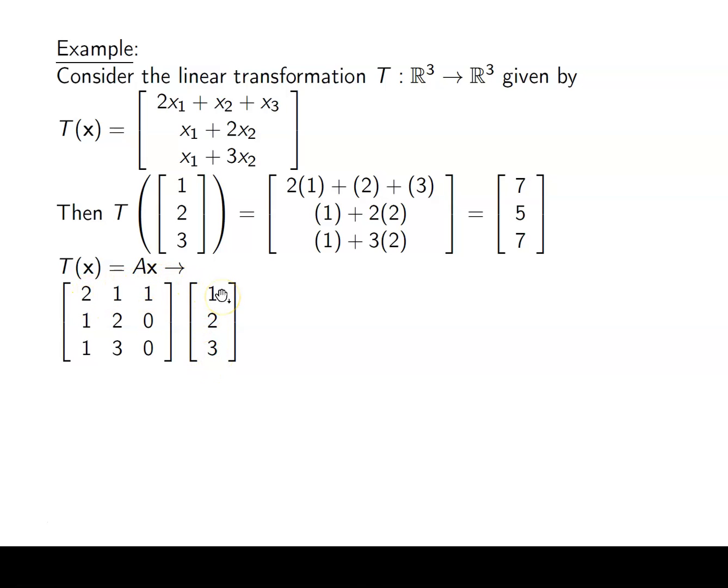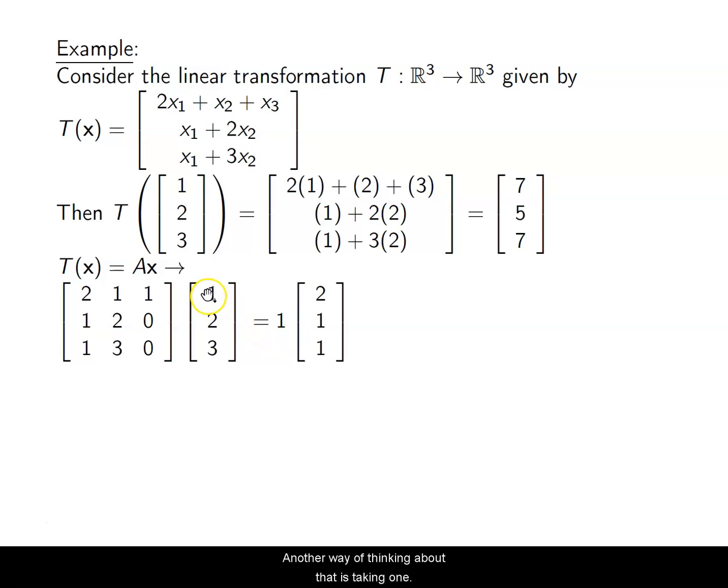So 2 times 1 plus 1 times 2 plus 1 times 3, which is exactly what I had here. Same thing here: 1 times 1 plus 2 times 2 plus 0 times 3, which is exactly what I had here, right? 1 times 1 plus 3 times 2 plus 0 times 3. So term by term, first term times first term, second term times second term, last term times last term, and I'm adding those products together, right? And it's exactly like if I were to just take my elements and plug them into my transformation in its transformation form.